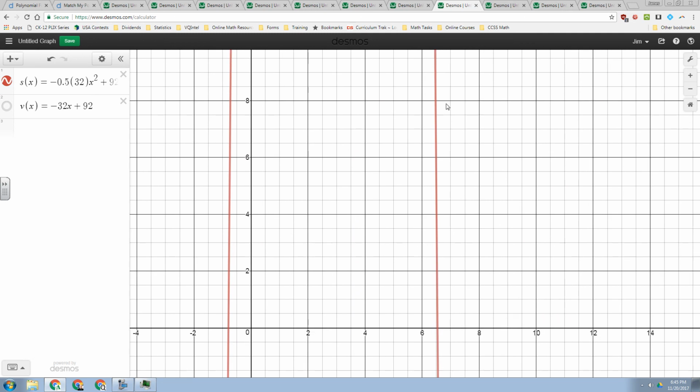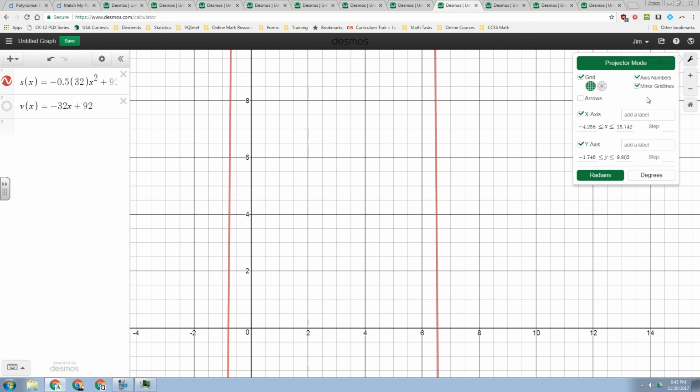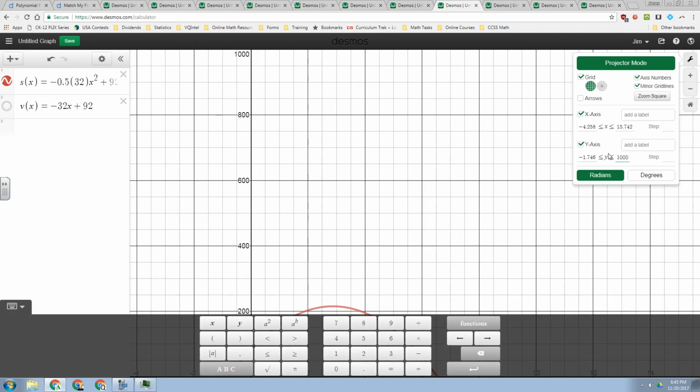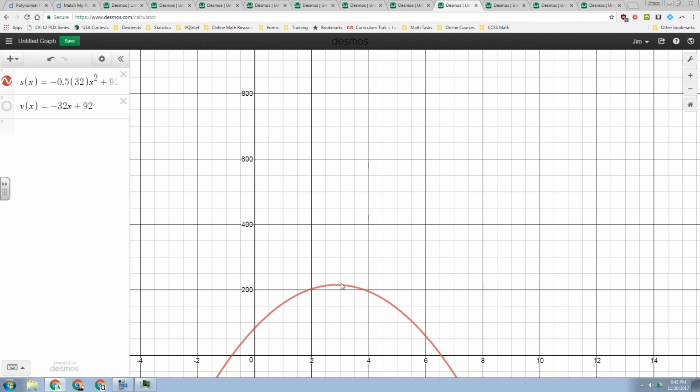So it goes up, and I need to see it when it starts to come back down. So let's see, 10, 100, 1,000. There we go. So the maximum height of the ball is 215.25 feet. That is our vertex of this parabola. It goes up to that point, and then it comes back down.